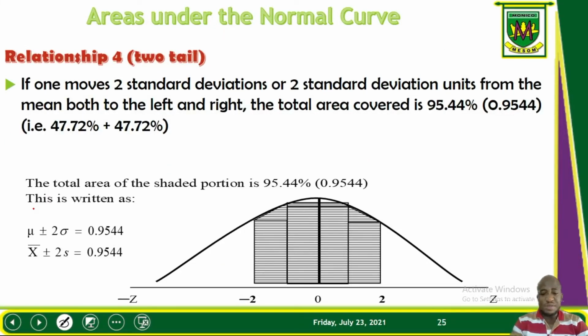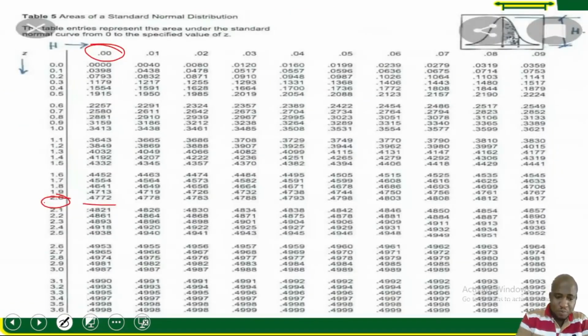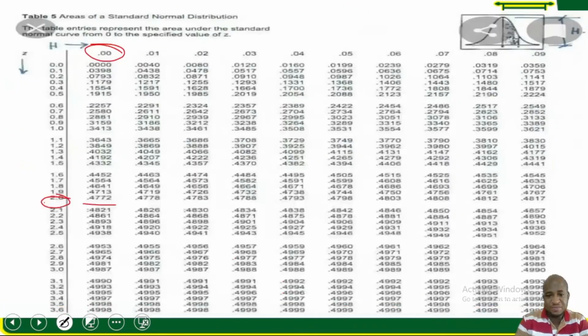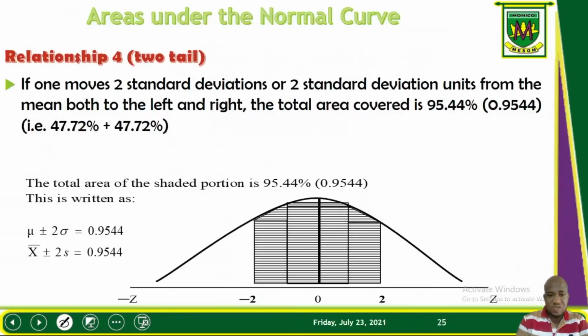And remember I said, because we have already searched for its one-tailed, which was 0.4772, all you have to do is add the negative and the positive to give us both sides. So if one moves 2 standard deviation units from the mean to both the left and right directions, the total area covered is going to be 0.9544.